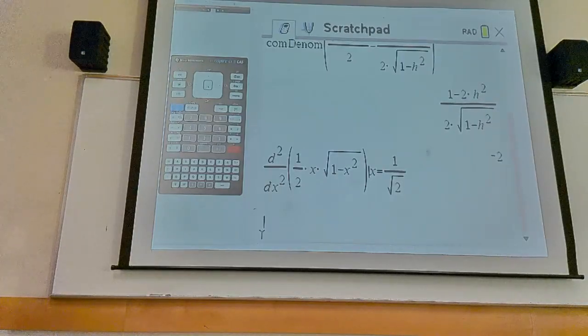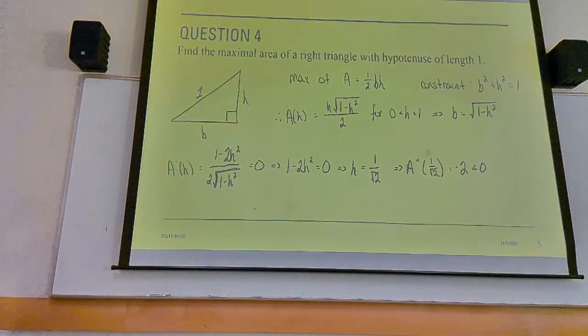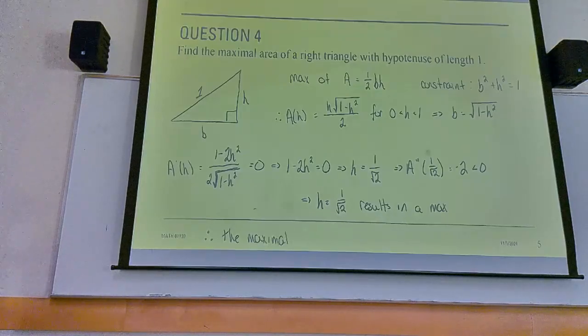So the second derivative at a critical point is less than 0. So what does that tell us? Then what's the maximal area?